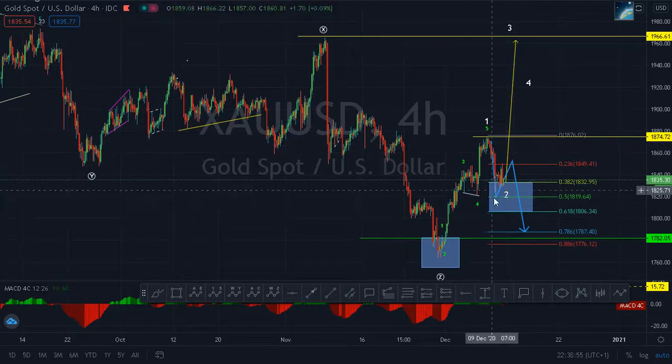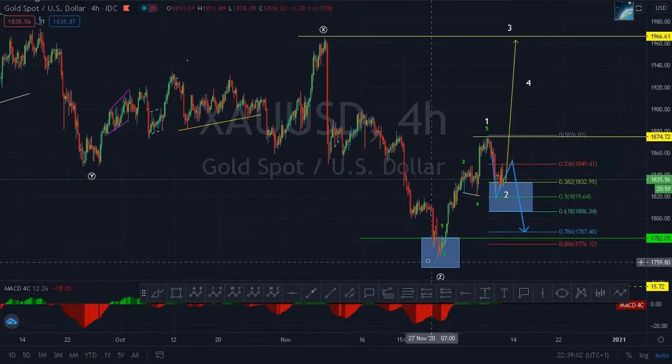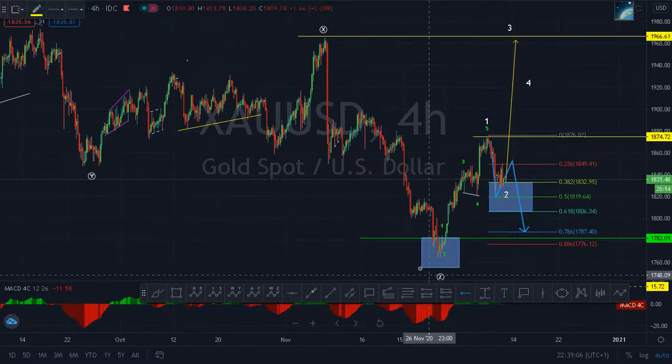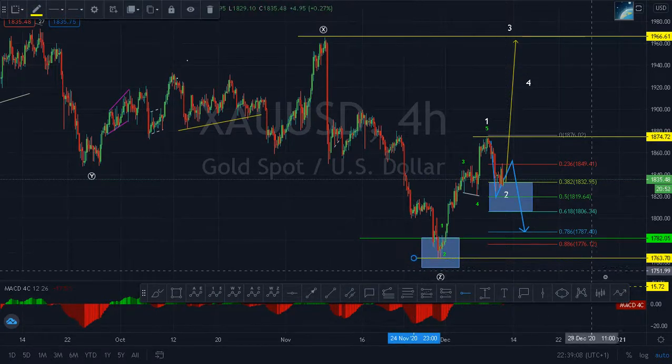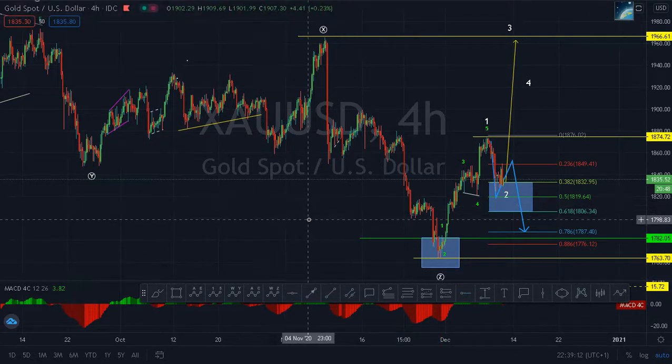So why rush it? If gold doesn't come back and close below 1763, then gold will continue to buy.